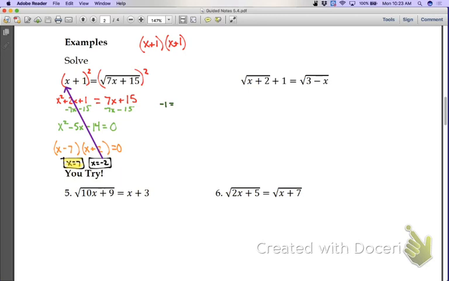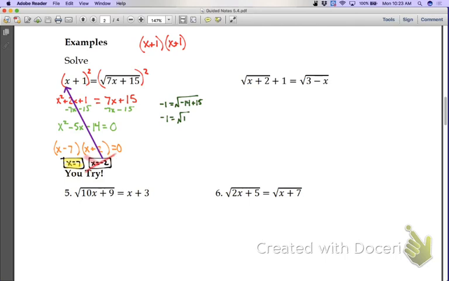Negative 1. The square root is just going to be negative 14 plus 15. Is the square root of 1 negative 1? No. So does negative 2 work in this case? No.